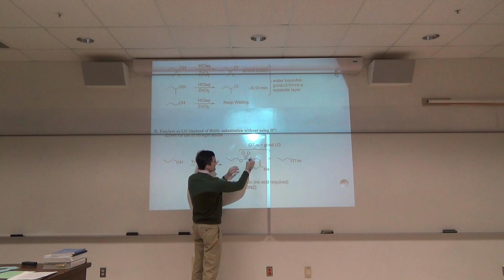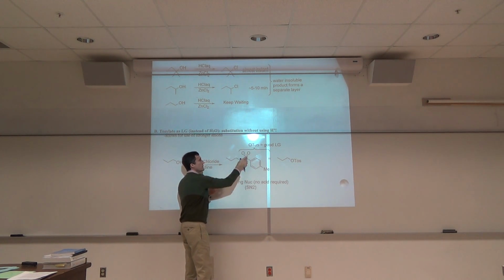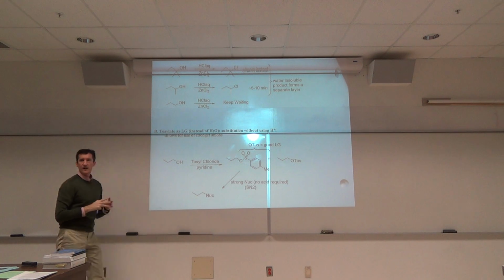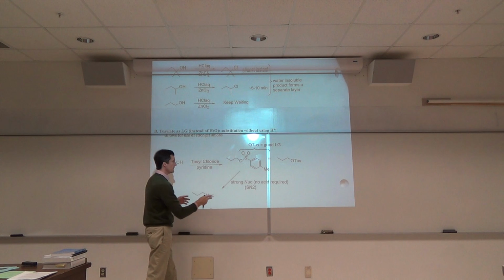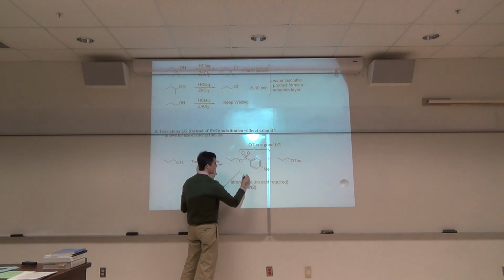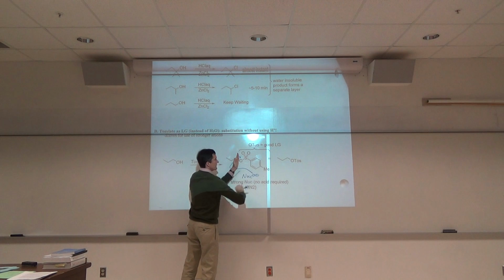That's toluene sulfonyl. That's how you get the tosyl. You don't have to have acid to protonate the oxygen. It'll leave without acid. Then you could come in with a strong nucleophile, something like this maybe, and these electrons attack here and kick off the oxygen, kick off the tosylate.